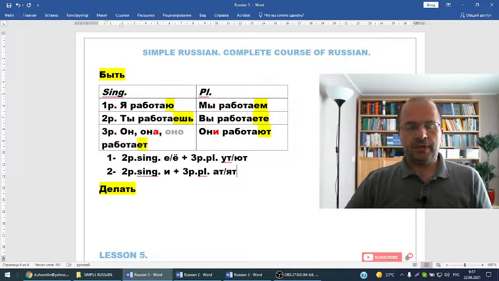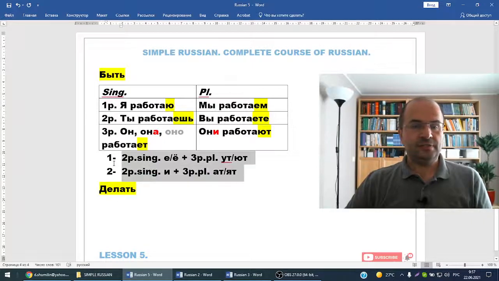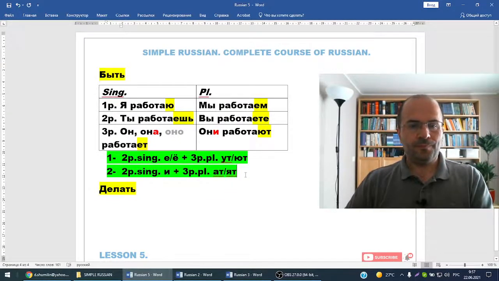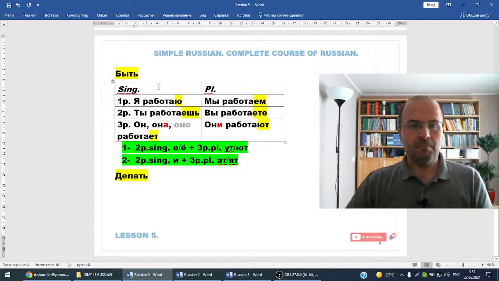That's why, okay. So, this is just for you to remember. Let's put it like this. Good. Now, быть.